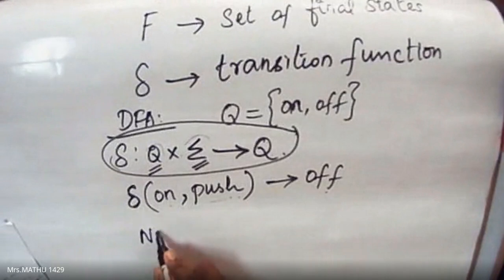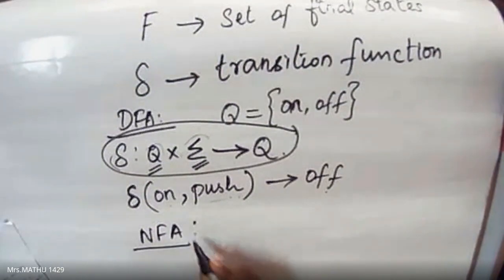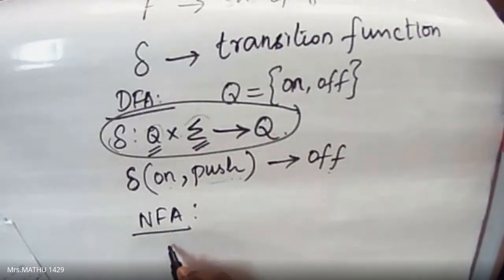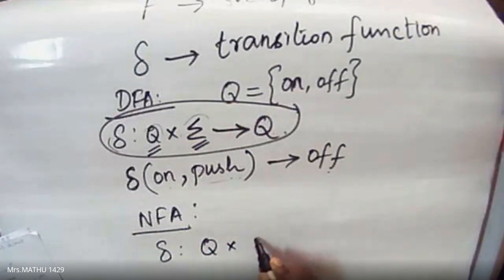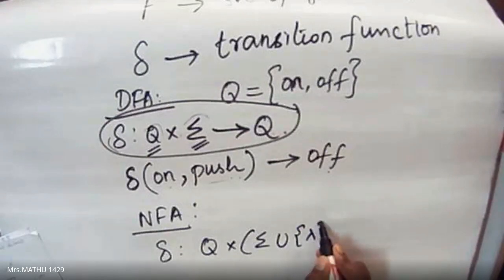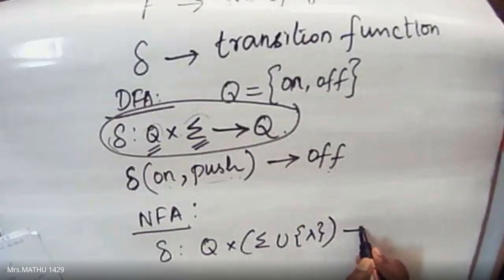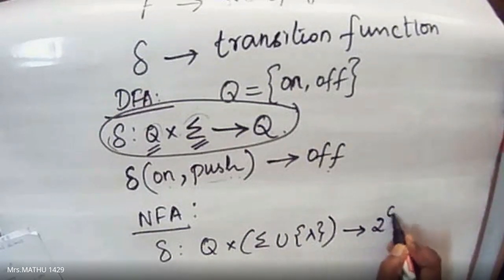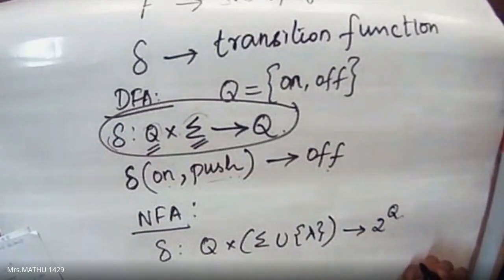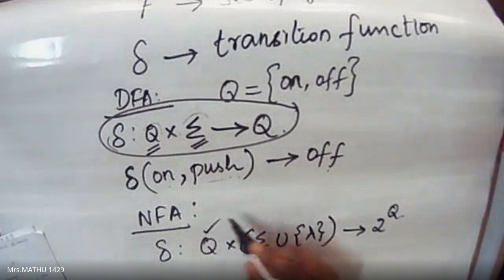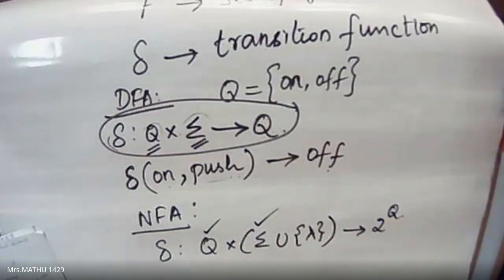Now coming to NFA, and here lies the difference between NFA and DFA. Here the transition function is represented using Q into sigma union lambda gives 2 power Q. I'll tell you the meaning of this.